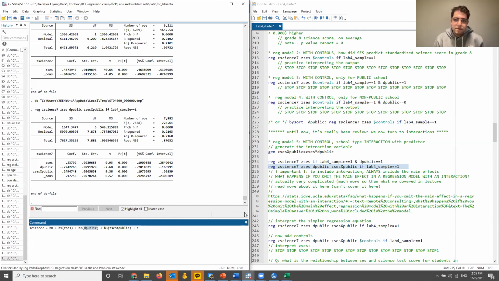This gets a 0. This gets a 1. Is that right? Because this is public school. D public is going to now take on a value of 1, right? Public is going to be 1, right? So this is really SES times 1. Okay. This is a constant, right? There's no variable in here. I'm going to move it over, right? It's a constant.